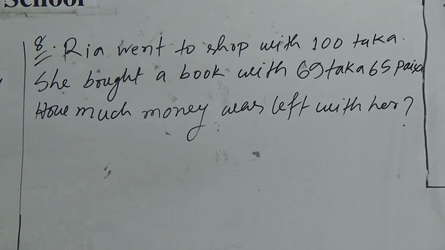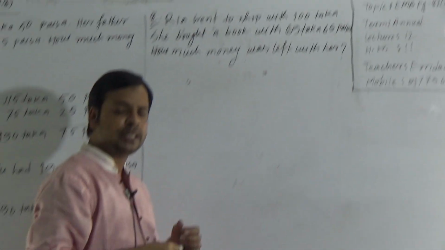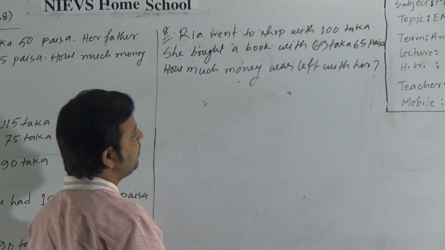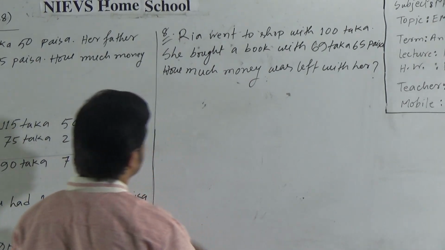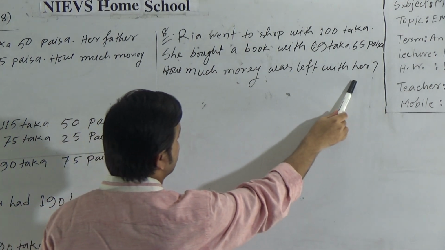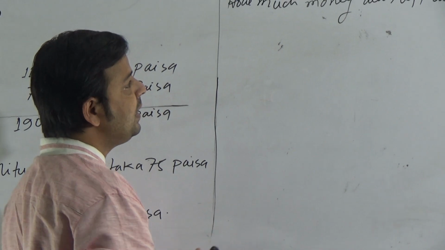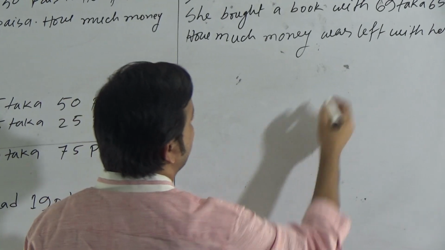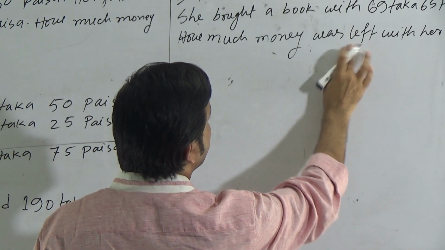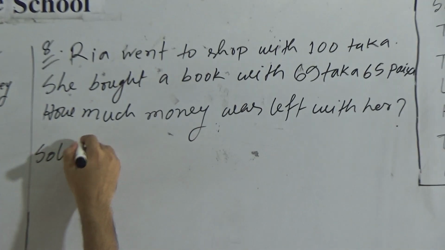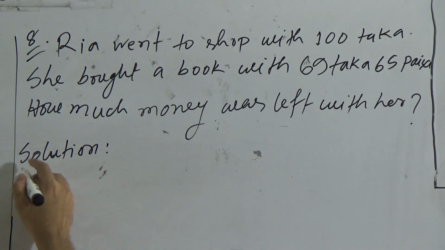The shopkeeper will return some money to her, that will be her remaining money. Our question is, how much money was left with her? The returning money of the shopkeeper will be the remaining amount. It means the money left with her. So, the solution of this question will be subtraction.